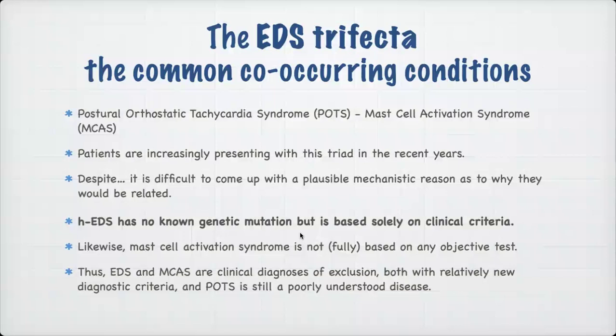And it's still difficult to come up with a plausible mechanistic reason as to why they would be related, since HEDS has no known genetic mutations, but is based solely on clinical criteria. Likewise, mast cell activation syndrome is also not fully based on objective tests. So HEDS and MCAS are clinical diagnoses of exclusion, both with relatively new diagnostic criteria. And POTS is still a quite poorly understood disease or cardiac dysautonomia.